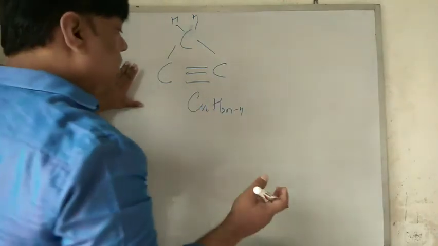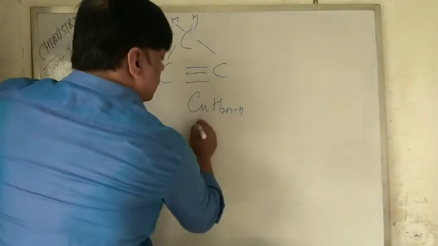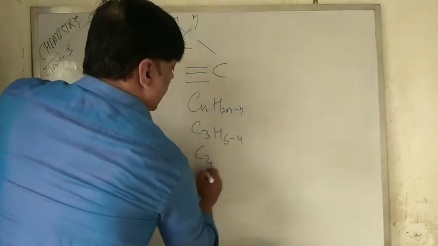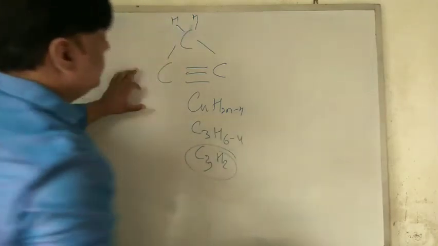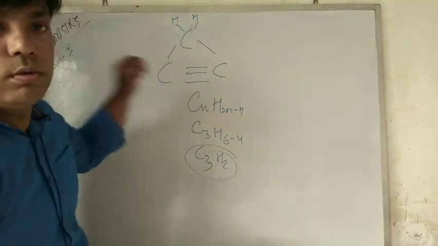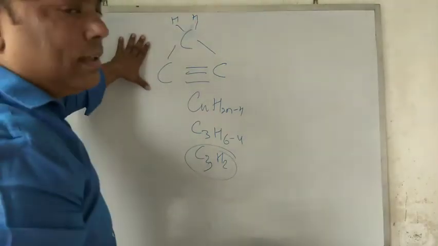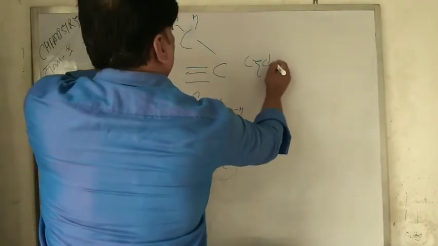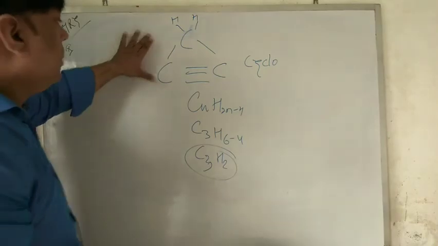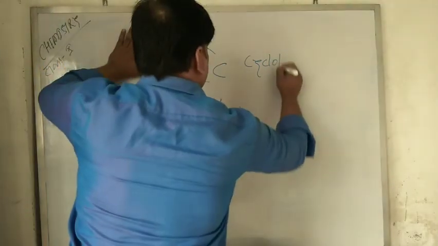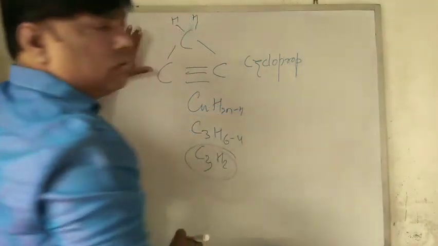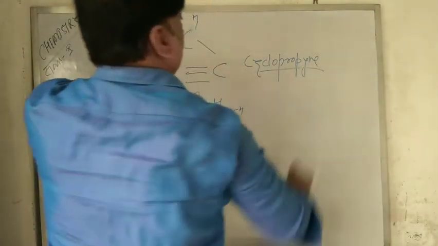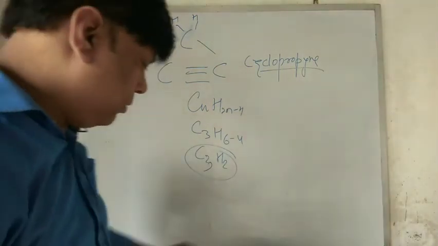The number of carbons is 3, so C3H6 minus 4, that is C3H2. Right? So what is the name of that compound? For a cyclic compound, it's cyclo, with prop, it's prop. And for a triple bond, it's yne. So cyclopropyne is the name of that compound.